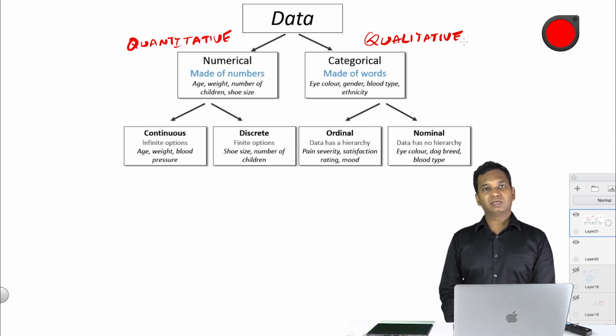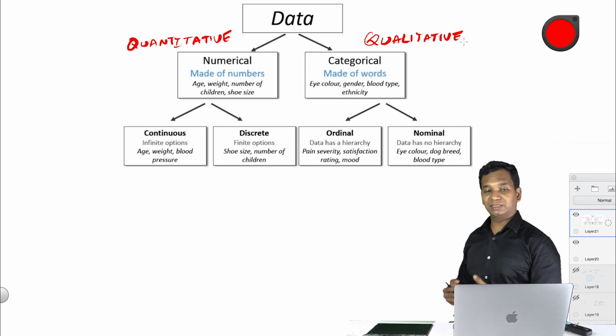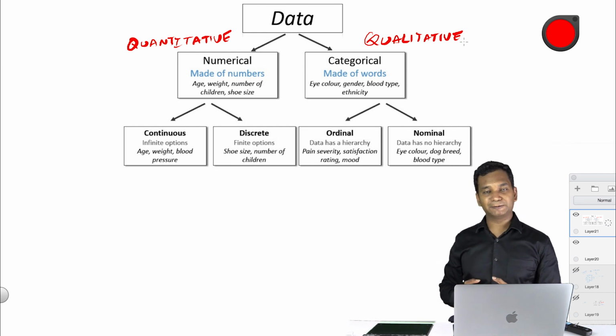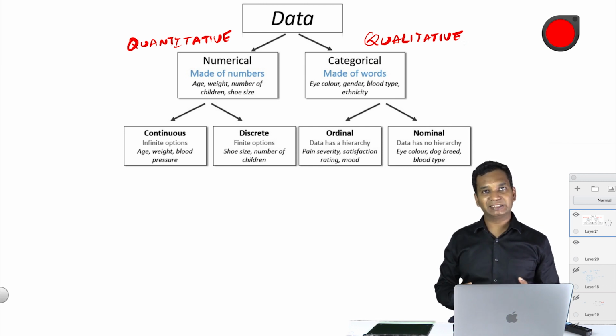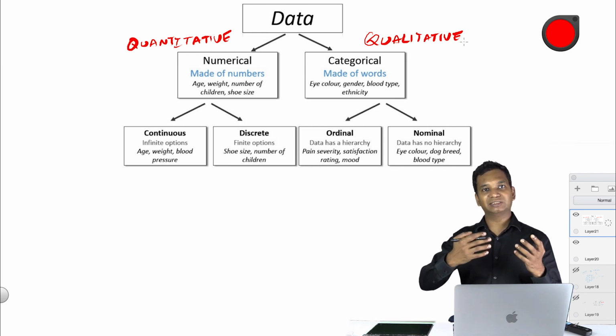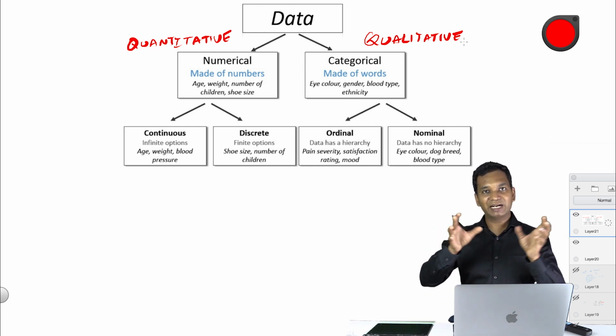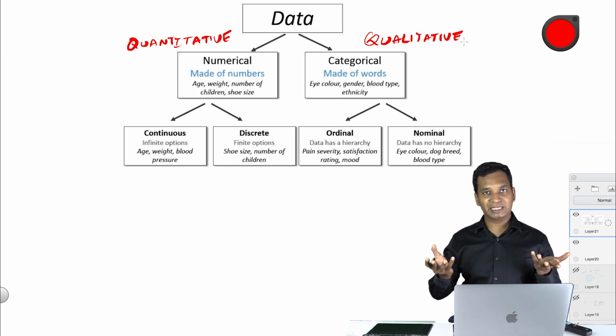As the name indicates, categorical or qualitative data talks about the quality of a particular aspect or entity you are talking about. For example, gender. The gender is a quality of a person, male or female, the two valid entries for it. It's also called categorical because if you take gender, male and female, it's dividing the data into two different categories.